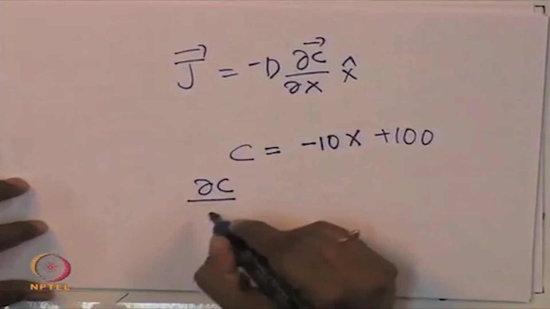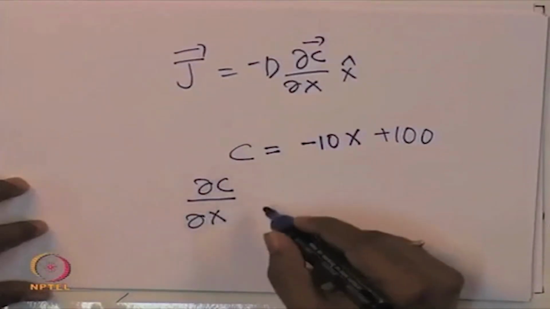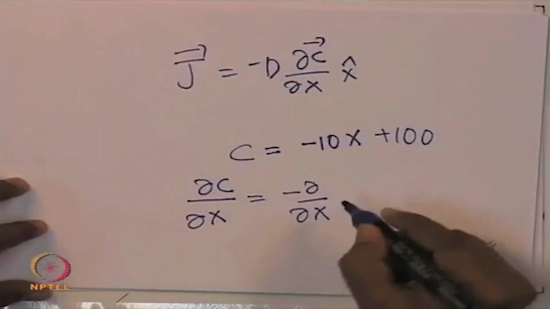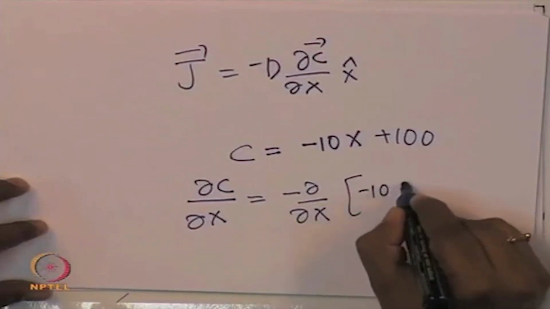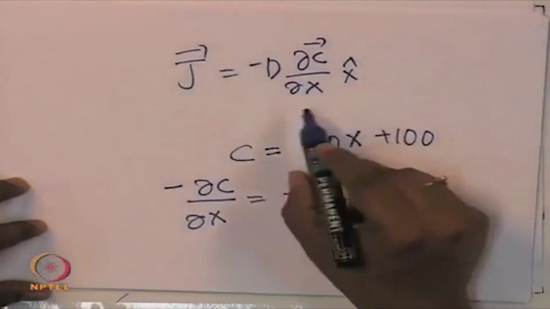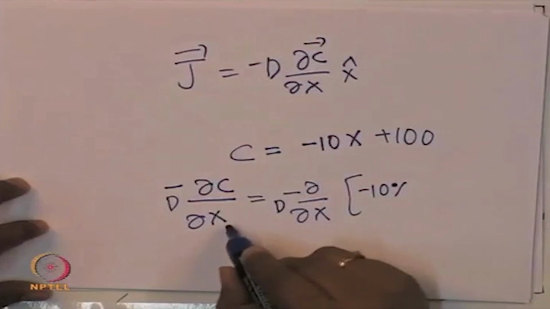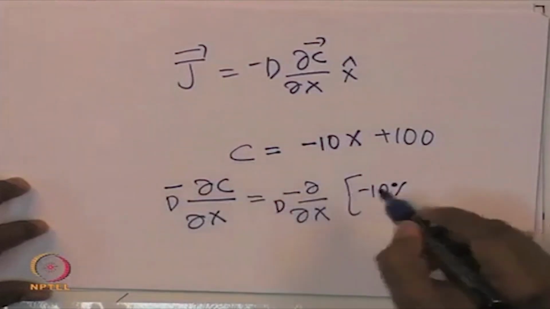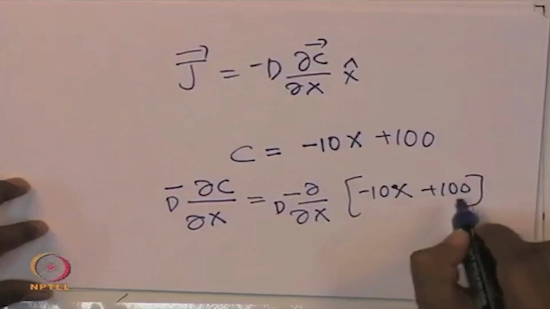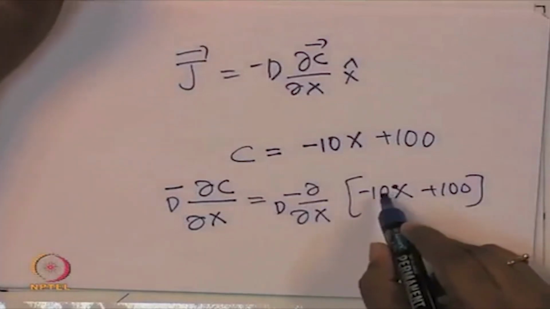del C by del x, we have to calculate from this. So, minus del by del x of minus 10 x plus 100, and there is a D here, so I can multiply with D. So, minus and minus becomes plus.